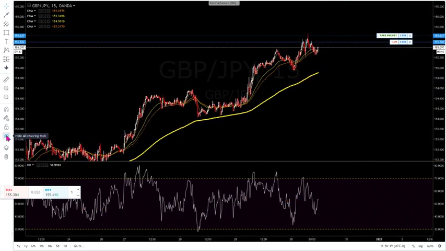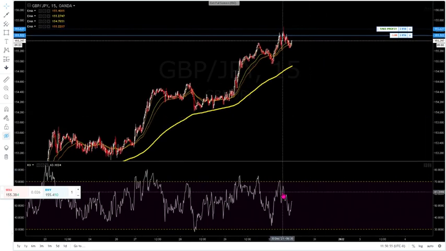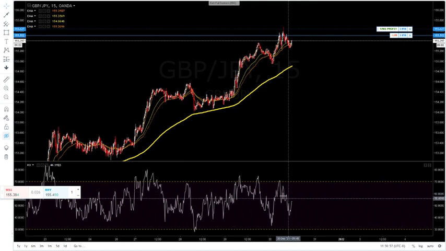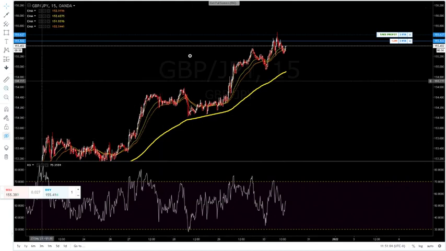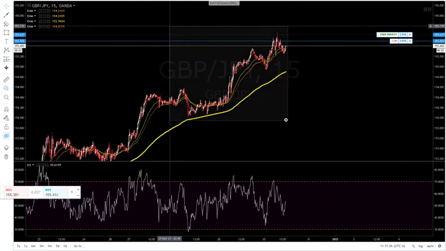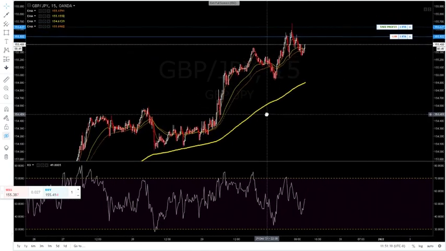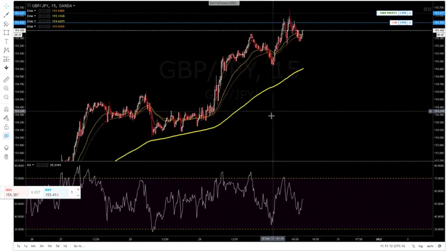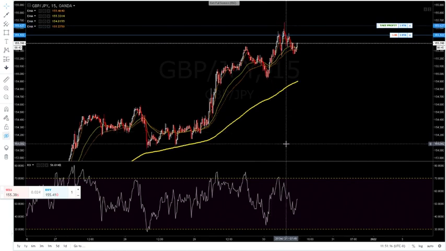All right, so let me just see. Everything is lining up here. Let me zoom in since I'm on a 15-minute. Actually, when you go down to these lower time frames, it doesn't count that much. It counts, but you want to see it on a higher time frame. That's the way I've been taught to do it.